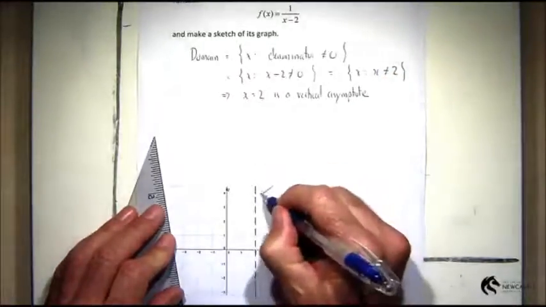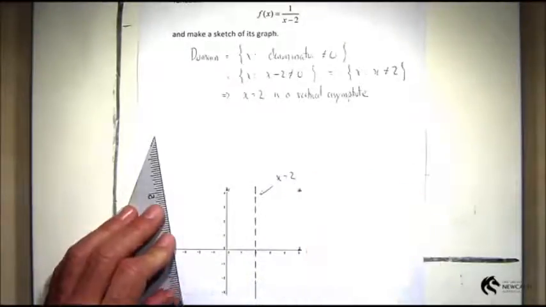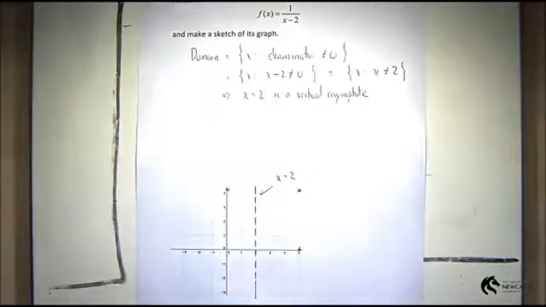So that's the graph of the line x is equal to 2. So let me explain. An asymptote is a line that the graph gets very close to but never reaches. That's what we mean by asymptote. Now, how do I know that?